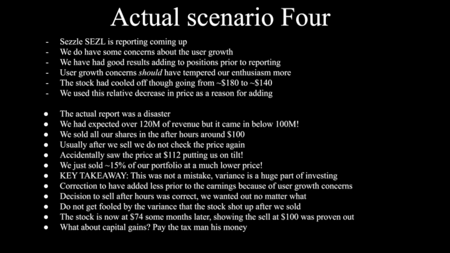Our decision to sell after hours was correct, because we wanted out no matter what. And we don't want to get fooled by the variance that the stock shot up after we sold to imply that we made a mistake. And some months later, the stock sits at $74 a share, proving out our point that selling at $100 a share was a good choice.